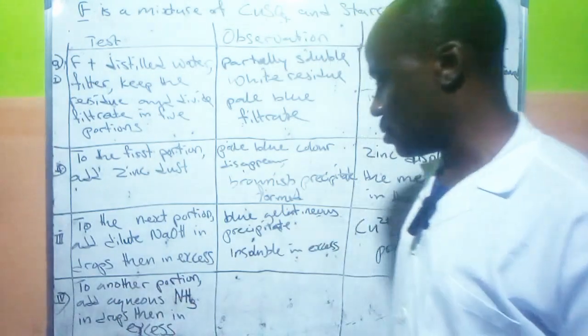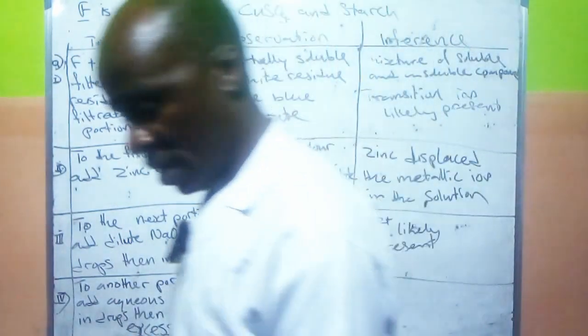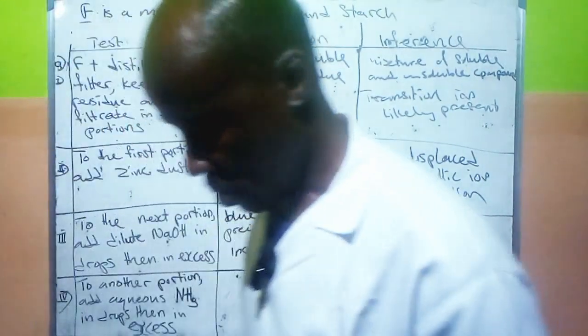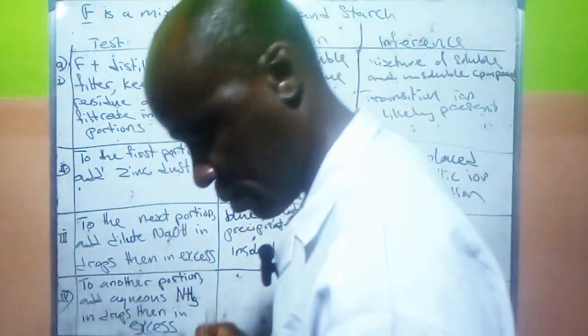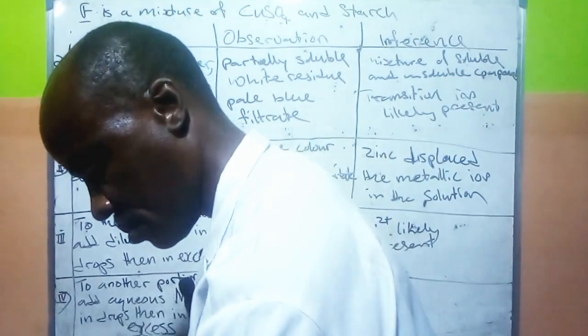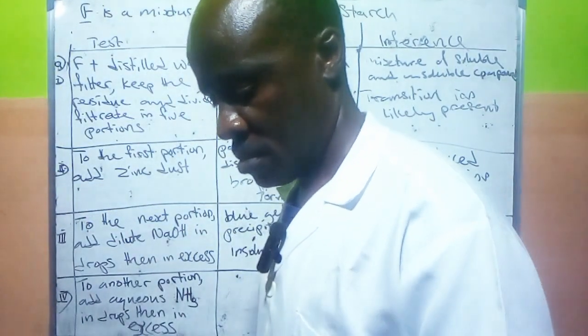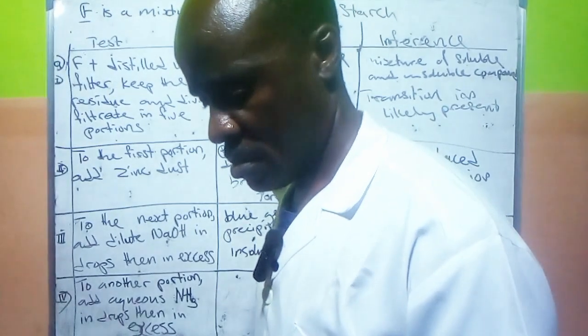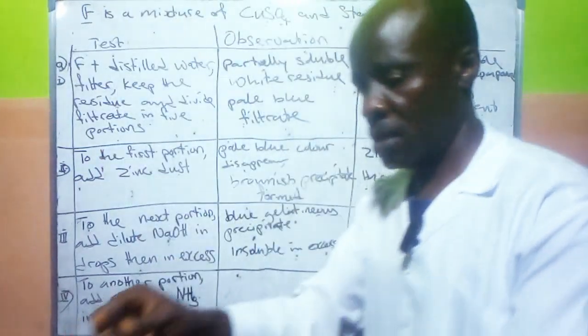To another portion, add aqueous ammonia in drops, then in excess. Then we have another portion here. We add aqueous ammonia.